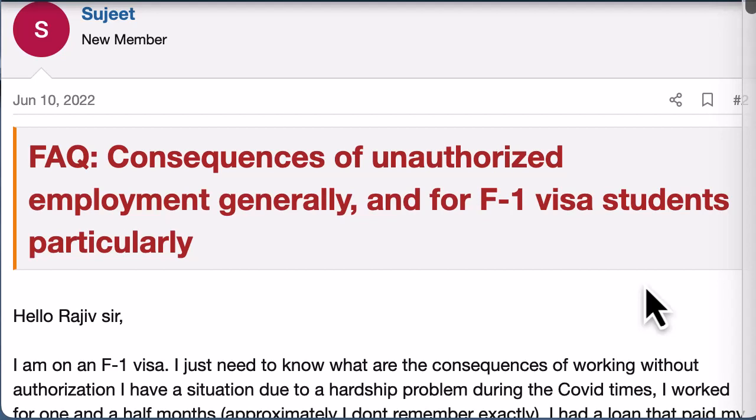But this kind of a problem would not affect, like, an H1B, L1, H4, L2. These are pretty solid visas. So even if you had unauthorized employment, you would not be stopped from getting an H1. I had a case where a physician had been out of status for 2 years because he accepted payments as an independent contractor rather than as an employee.